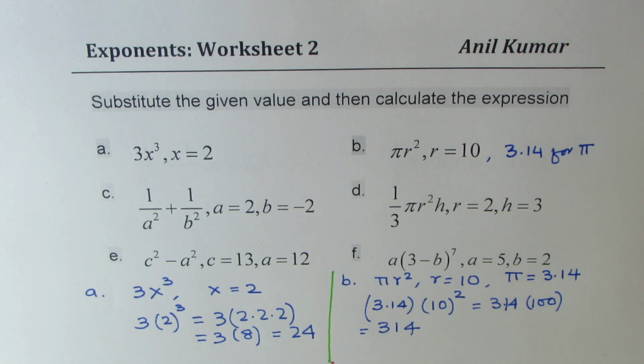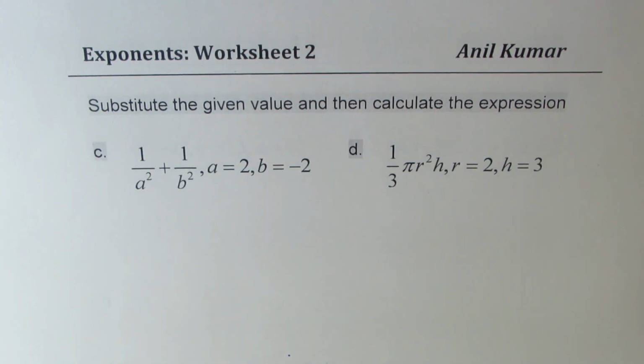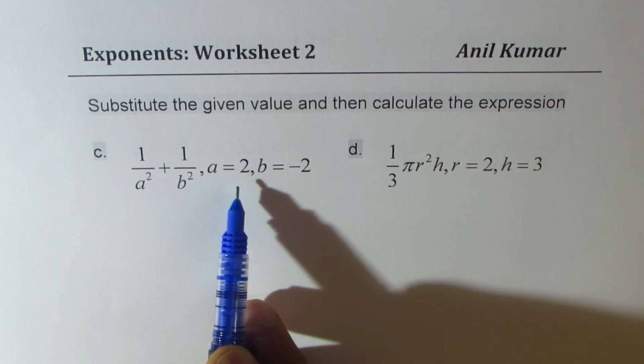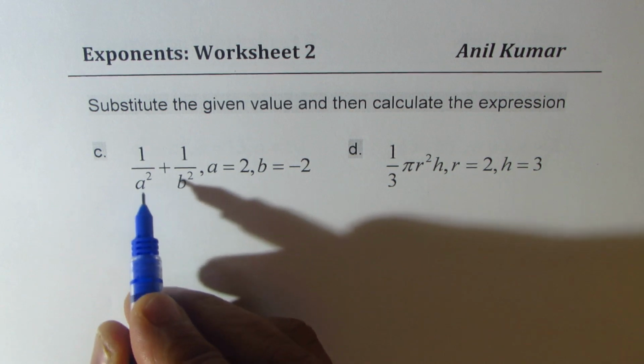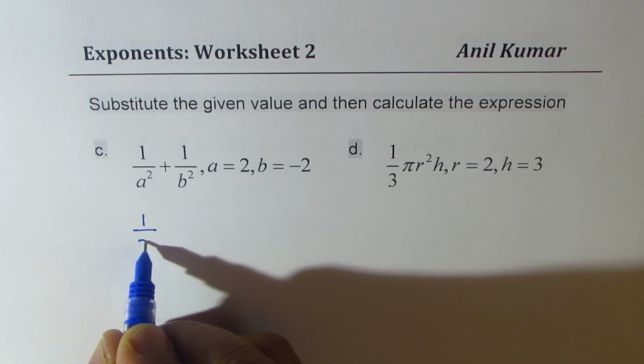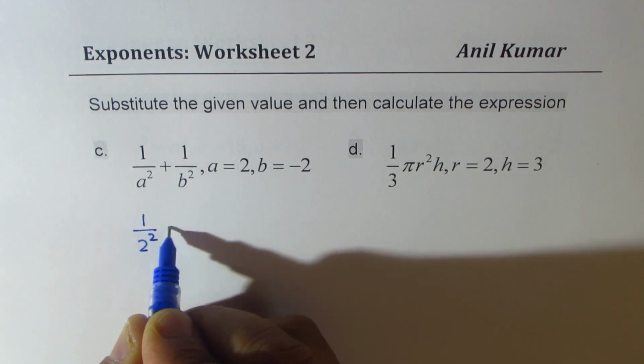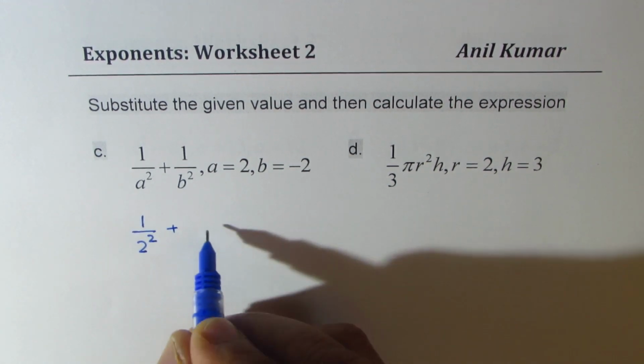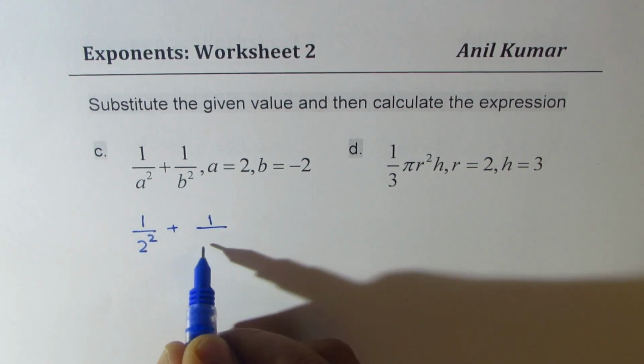Now let's do parts C and D. Part C: 1 over a squared plus 1 over b squared, where a equals 2 and b equals minus 2. So let's write 2 for a. We get 1 over 2 squared plus 1 over b squared, which is minus 2.